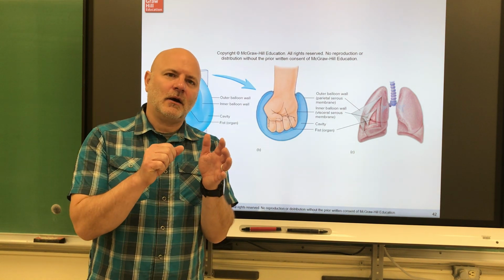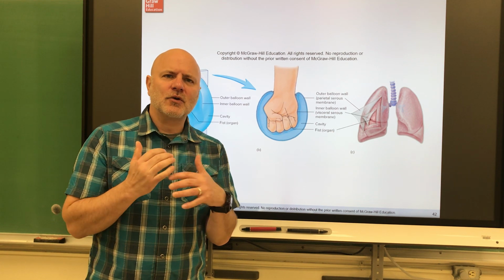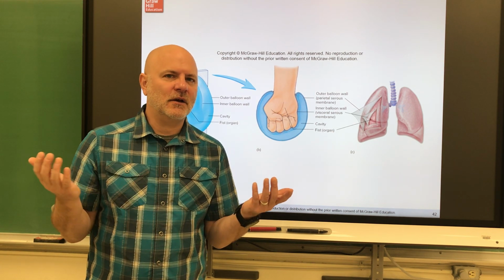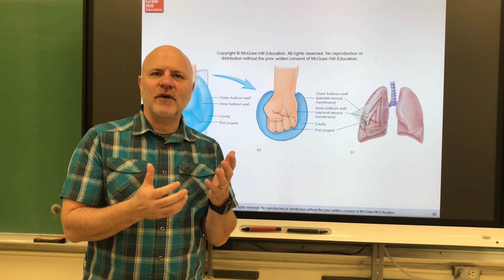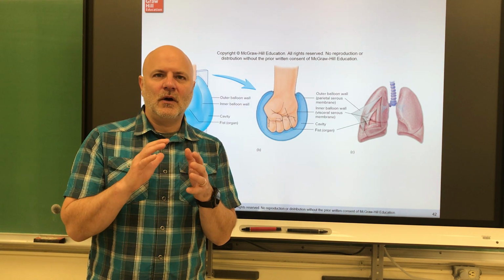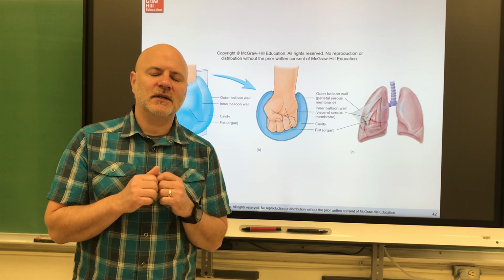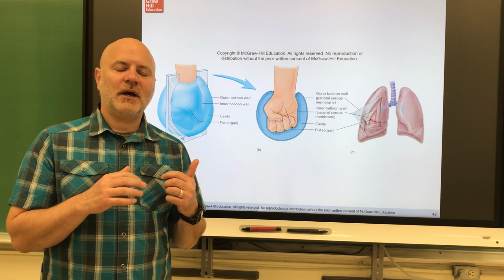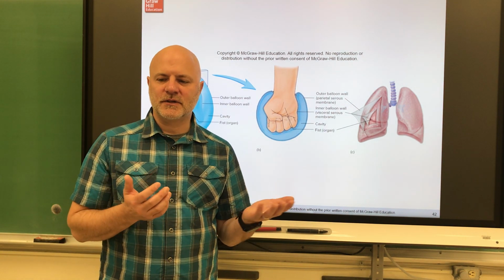Think about our heart beating in our chest: that heart is going to move against the other organs around it anywhere from 60 to 100 times a minute. Anytime you have movement, you're going to have a little friction there. So we line all these organs and the cavity walls with a membrane that produces a lubricant on it. That's what we call serous membranes.